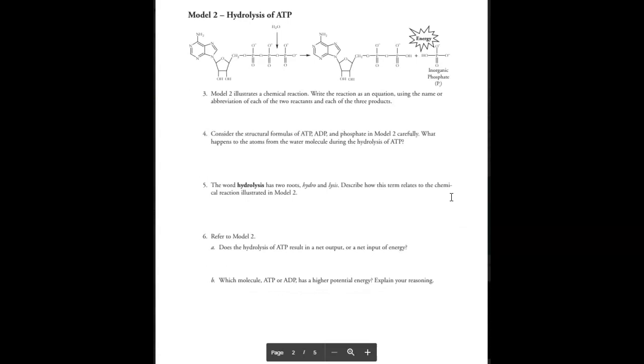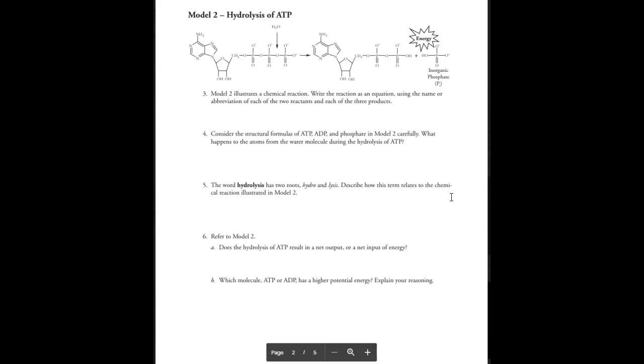As far as writing this as an equation, what I would do is I would put ATP plus H2O, and then I would have a little arrow, and then I would put ADP plus Pi plus energy. If you said ATP plus H2O, the little arrow, ADP plus inorganic phosphate plus energy, that's fine too, okay?